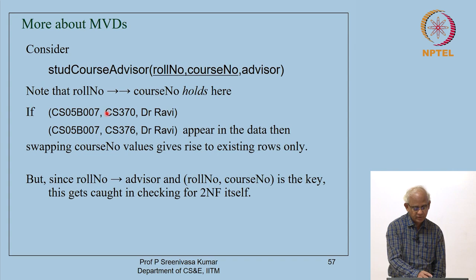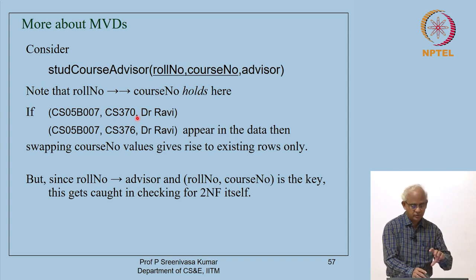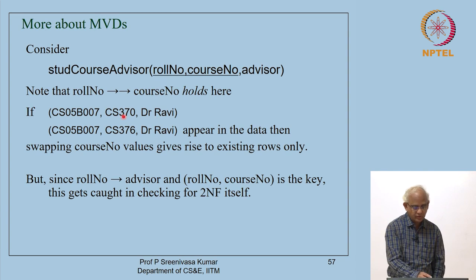So, if the definition is asking for swapped rows should exist, in fact they do exist. So, in this case it actually holds, but this kind of situation would have been caught early in our normalization process, because roll number determines advisor, and so it is actually a partial dependency here, and this would not have come to a situation where we have to analyze for multi-valued dependencies.